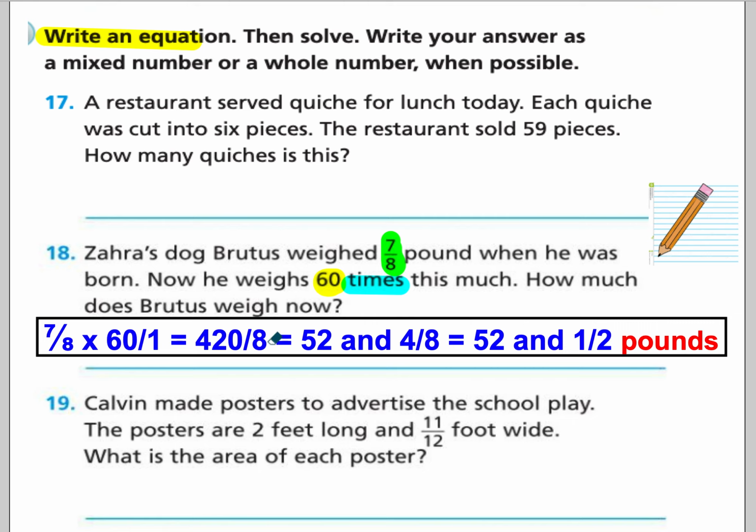These three answers, do you notice that they're all equal? They're all equivalent? All of those answers will be correct. But because the instructions asked us to write it as a mixed number or a whole number, this is the answer we're really looking for. And if you have simplified this, great job. But we're really looking for this answer to begin with.